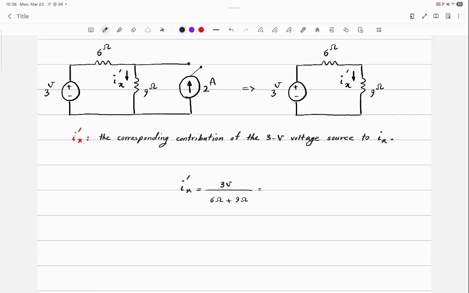And the answer is 0.2. 3 over 15, 1 over 5, 0.2 amps. Any problem?